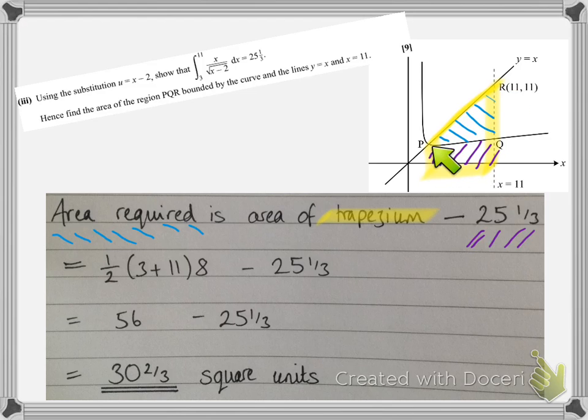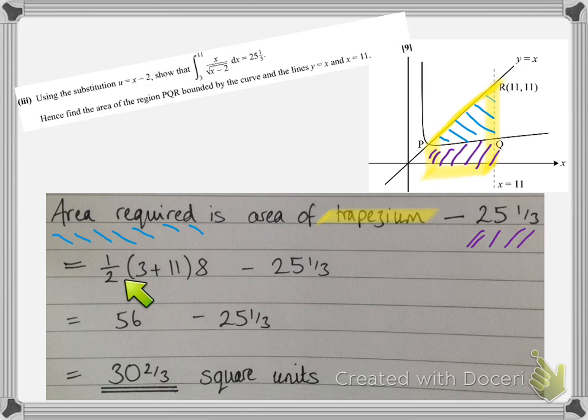So if we do half multiplied by this y coordinate plus this y coordinate multiplied by the width of the trapezium, which in this case is 11 minus 3, which is 8, and that will give us the area of that trapezium. Subtract the 25 1/3, what we're left with is the area that we're looking for.